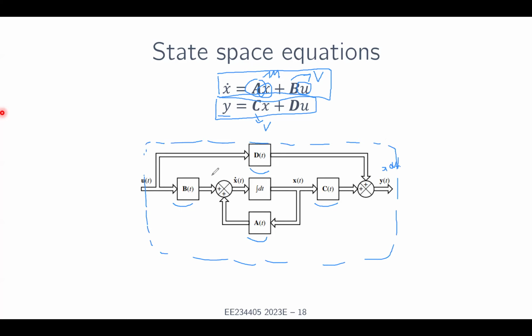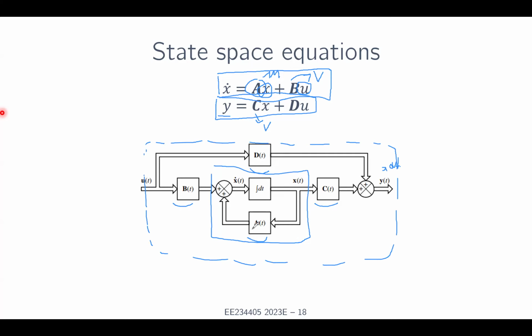There is an internal feedback that happens here, which is dictated by the matrix A again. So matrix A and this loop convert the UB into X, right?